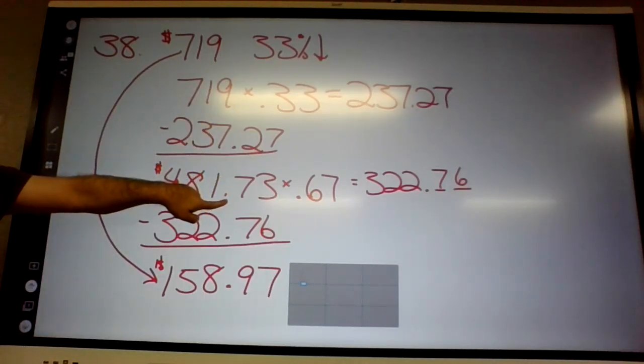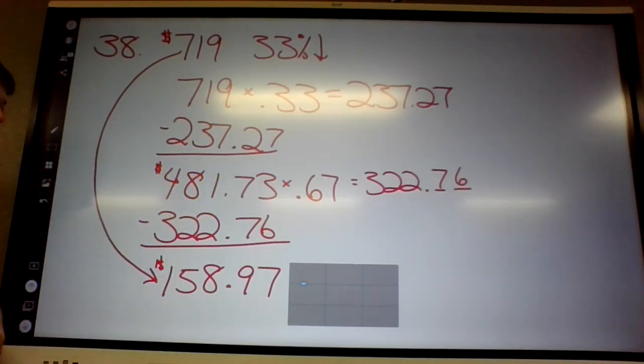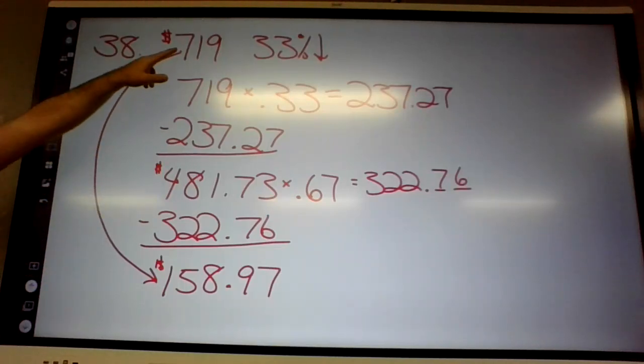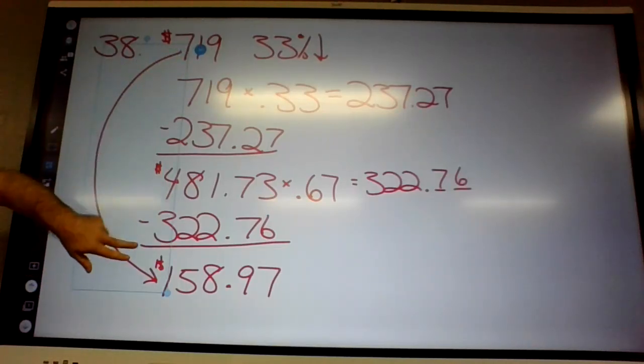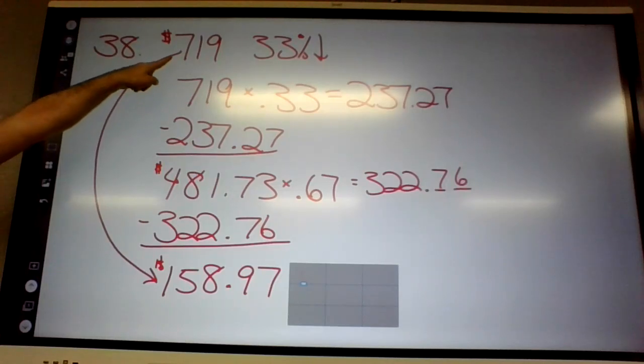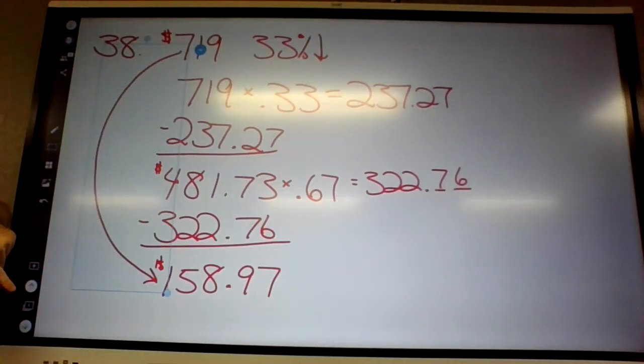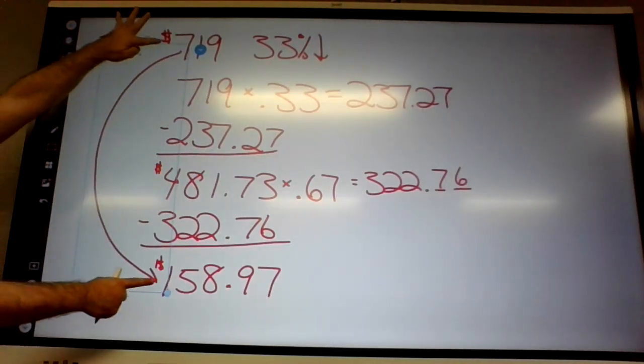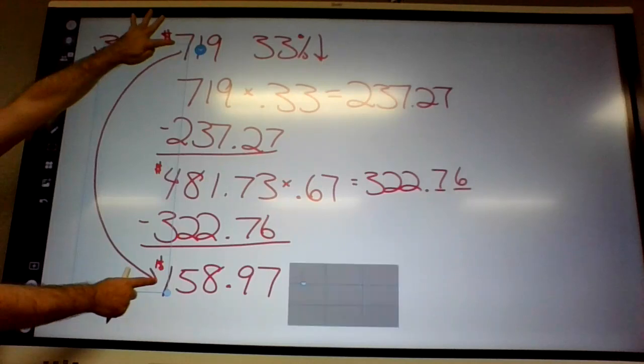So how would you say the total price drop? How do we figure out the price drop? The percent drop is a percent change question. So how do we do percent change? Change divided by the original. So we need the change between these two. Subtract these two and then divide that by the original.